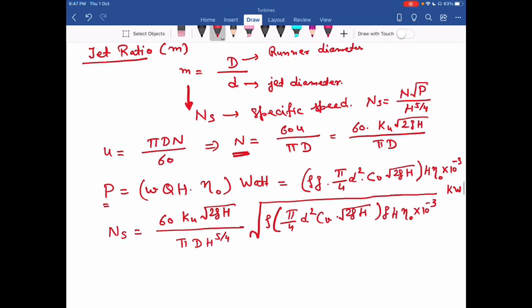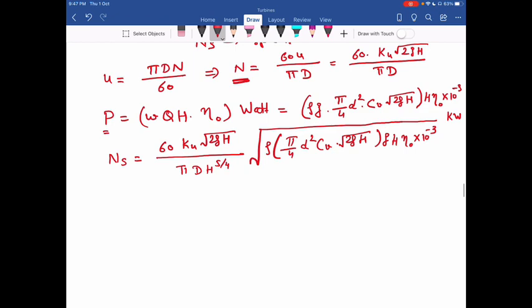Now for a given turbine, say I have a turbine with overall efficiency 87%, so I use eta O as 0.87. The maximum value of Ku is say 0.46. Then Cv is 0.98.